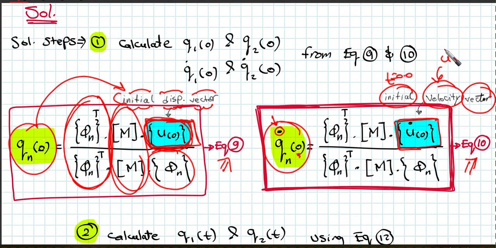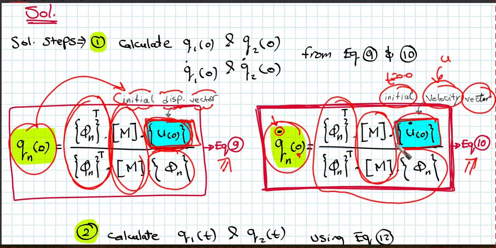Velocity means u dot, as we know here, and it is a vector because we are talking about a multi-degree of freedom system. Similarly, we also need to know the mode shape, mass matrix, and this initial velocity vector. From where we obtain these equations, please revisit the previous video.